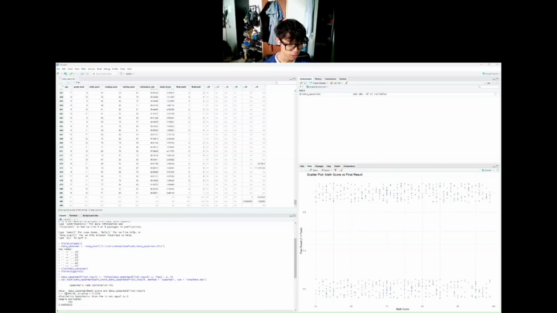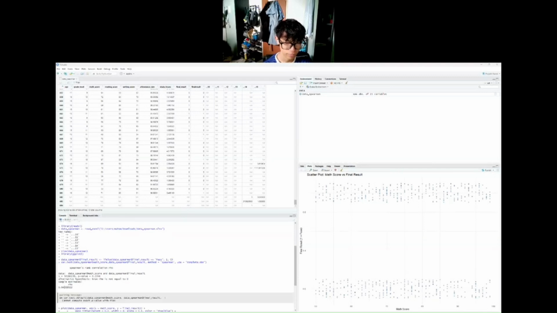So after inputting all the data, you can see that the p-value is 0.2246. So the alternative hypothesis is true, so rho is not equal to 0. And the sample estimates show that rho equals 0.04659522.